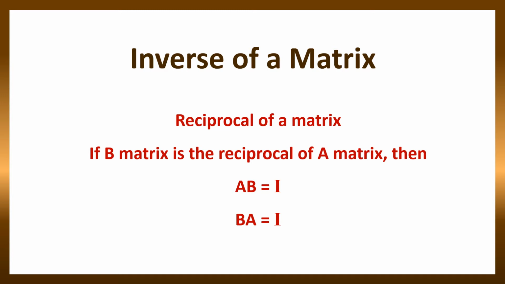Now we are going to see how to find the reciprocal matrix of a particular matrix. That is called inverse of a matrix. And now let us see the formula for finding inverse of a matrix.